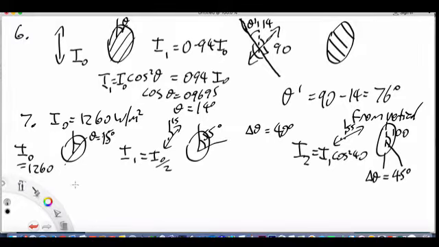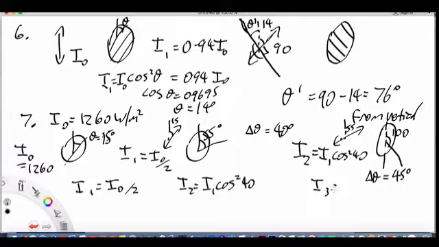So let's write down I1 is I0 over 2. I2 equals I1 cos squared 40. And I3 equals I2 cos squared 45.